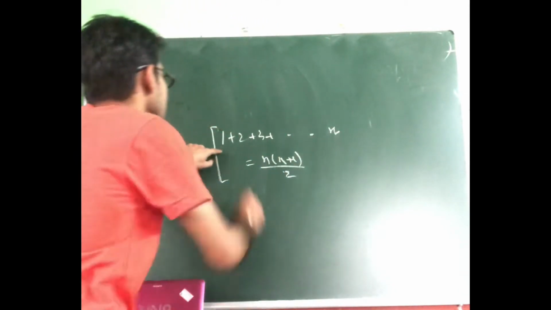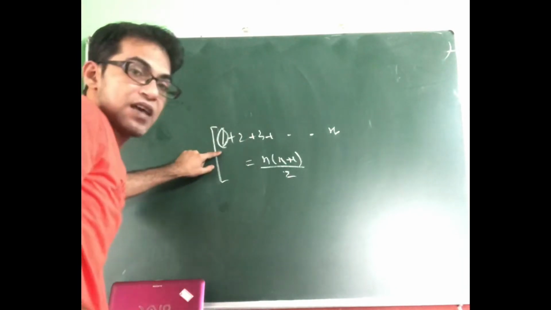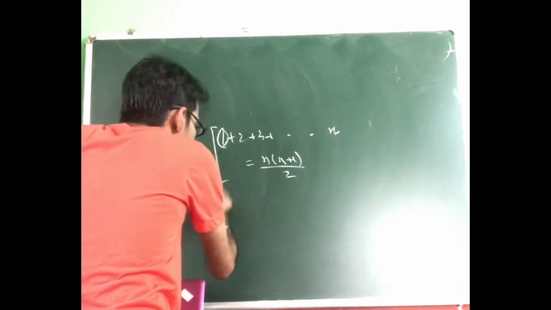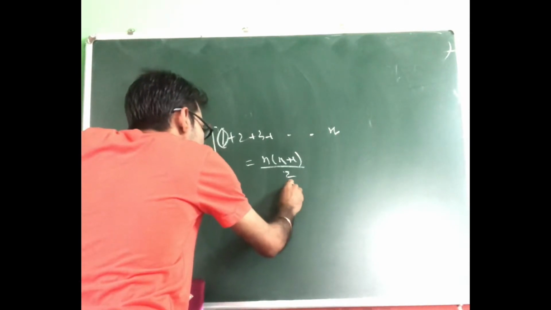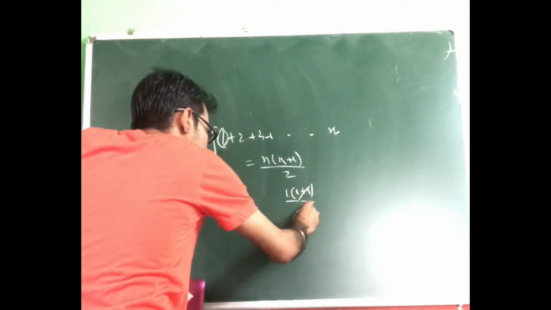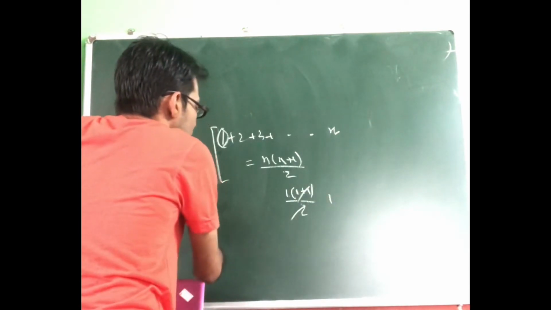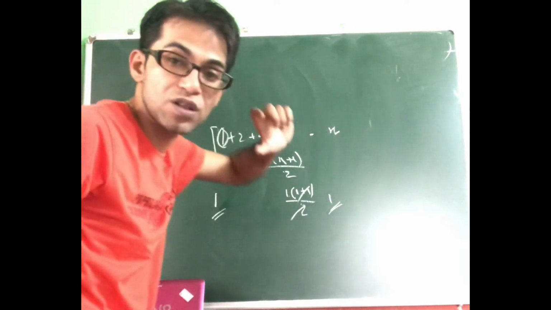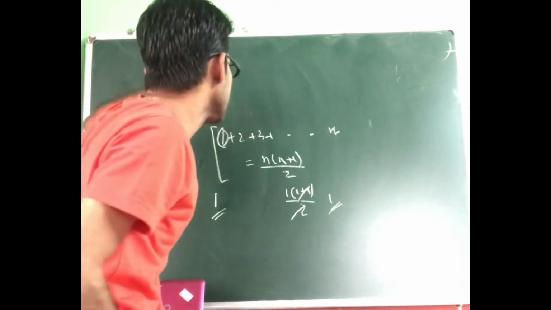In this case the base case is 1, the first element, and for the first element the left hand side is only 1, and the right hand side is 1 times 1 plus 1 by 2, so the 2 and 2 cancel and I also have 1 here. So left hand side is equal to right hand side, and the statement holds true for the base case.